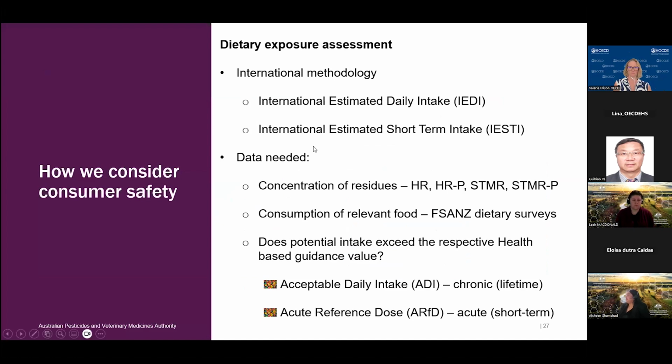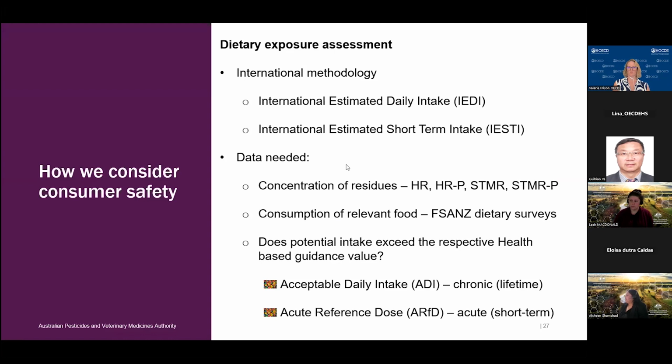And we also assess dietary exposure using the international methodology, like international estimated daily intake and international estimated short-term intake. We use HR, as Leah mentioned earlier, for acute assessments, the highest residues, and for chronic, we use STMRs.